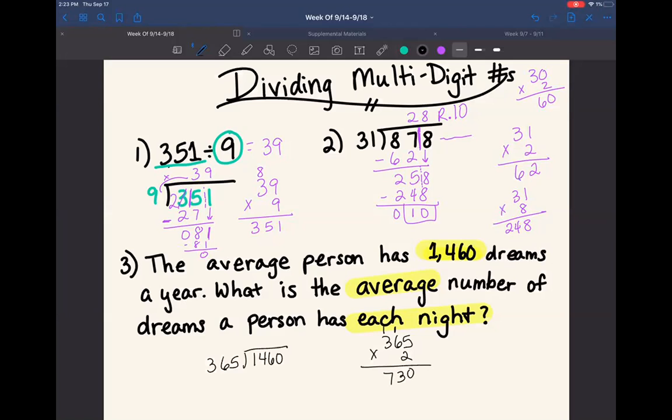Okay. Now, if I notice, I have this 7. What is 7 times 2? 14. So what I want to try now is multiplying again by 2. Now I have 2 options. I can multiply 730 by 2, or I can multiply 365 by what number?